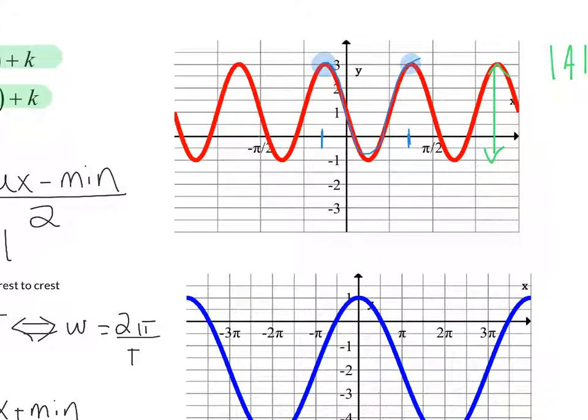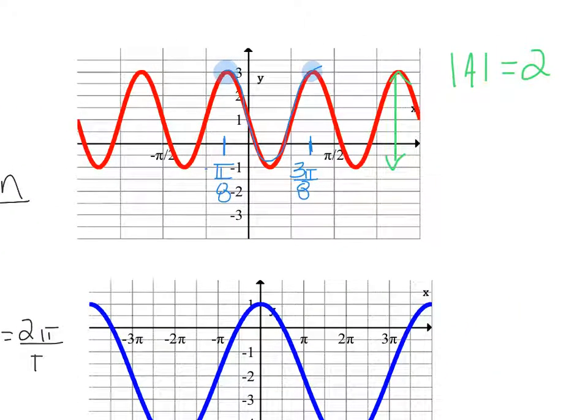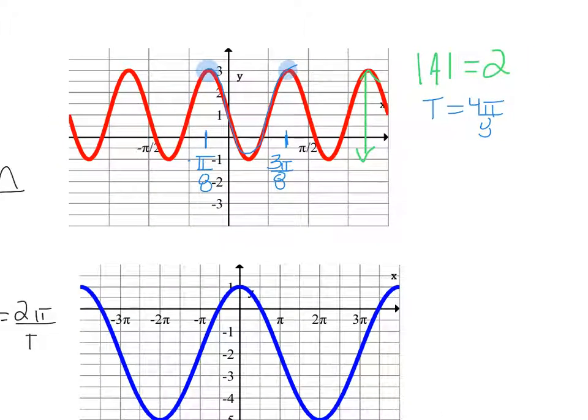So half of that is pi over 4. This must be negative pi over 8. And then halfway between 0 and pi over 2 is pi over 4. Pi over 8 more than that is 3 pi over 8. So the distance between those is actually 4 pi over 8. So my period is 4 pi over 8, or pi over 2.